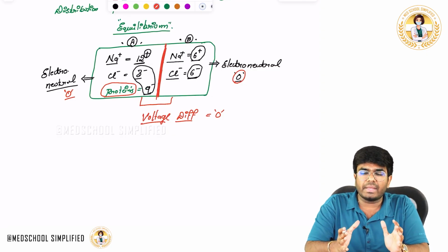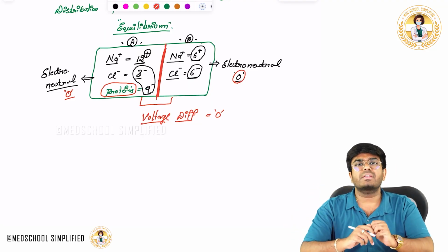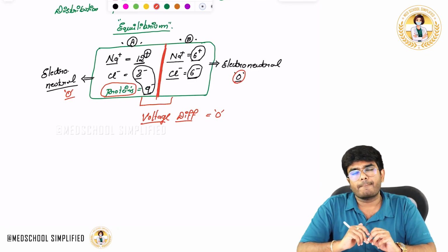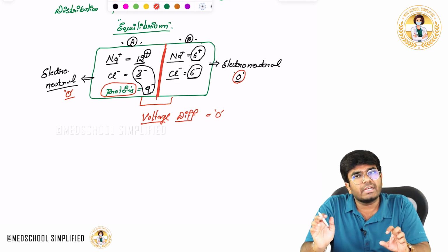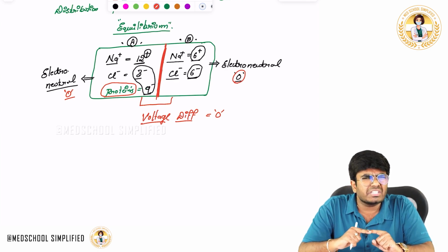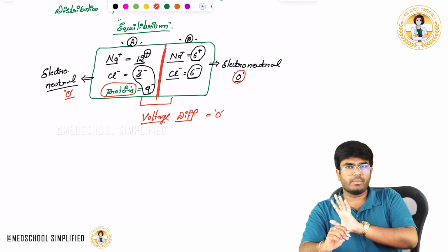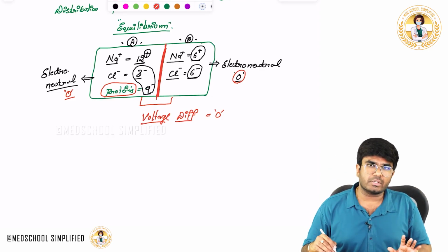In compartment A, more ions are there, and in compartment B, fewer ions are there. But both compartments are electroneutral. Due to this Donnan effect, as both compartments are electroneutral, is any voltage difference generated? No. Resting membrane potential is not generated, because both chambers are electroneutral.